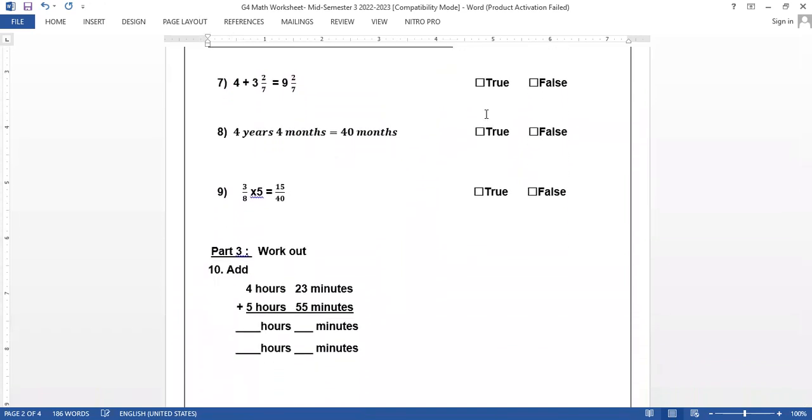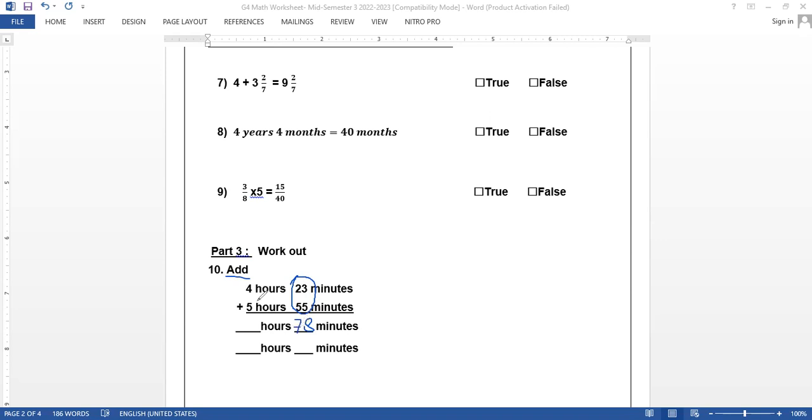Now let's go to the last question. Work out. We need to add. As I mentioned before, when you add or subtract, first start with the minutes. 23 minutes plus 55 minutes. Now, as you can see, guys, 3 plus 5 equals 8. 2 plus 5 equals 7.